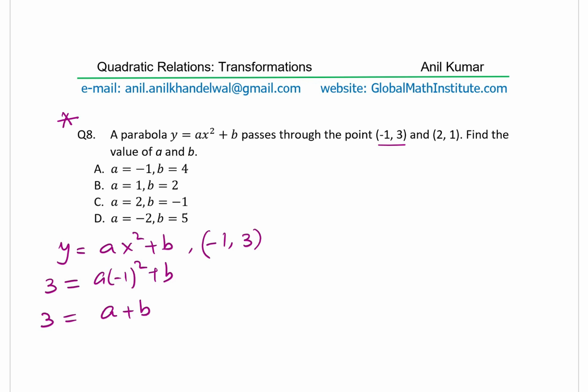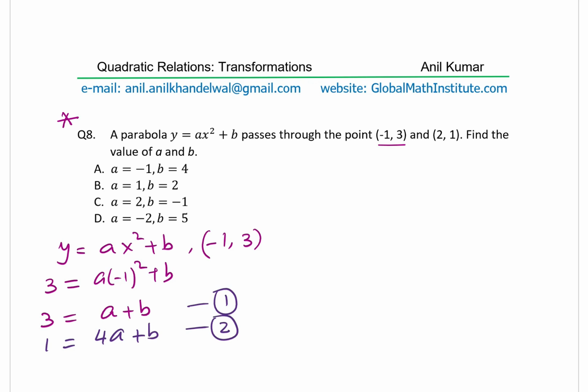So I get one equation which is 3 equals a plus b. Now we have the second point which is 2 and 1. So if I substitute 2, I should get 1 here. So I get 1 equals, 2 squared is 4, so let me write 4a plus b, and that gives me the second equation.